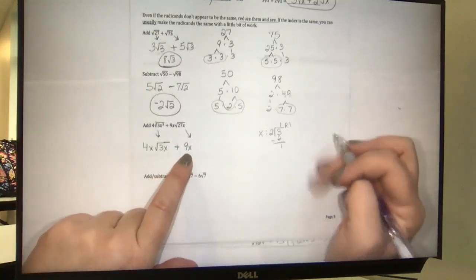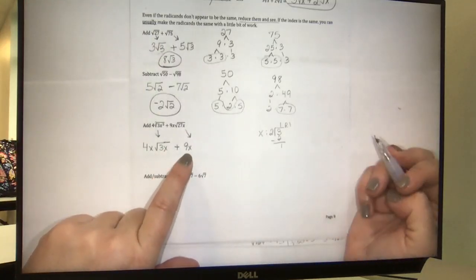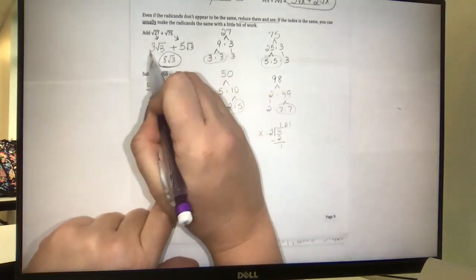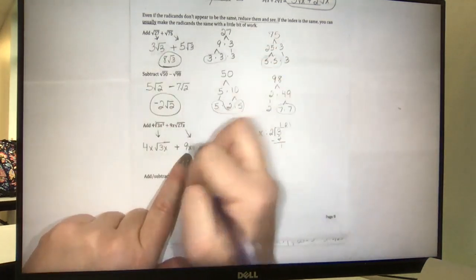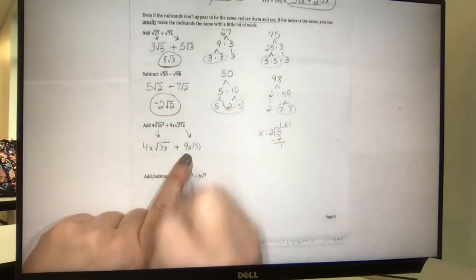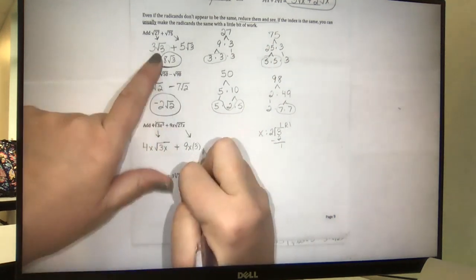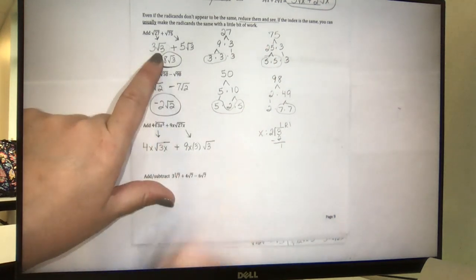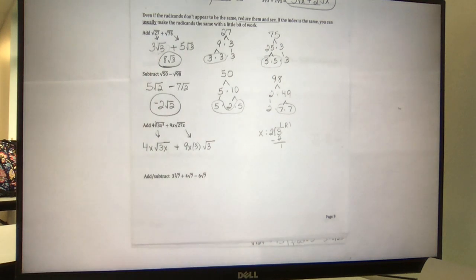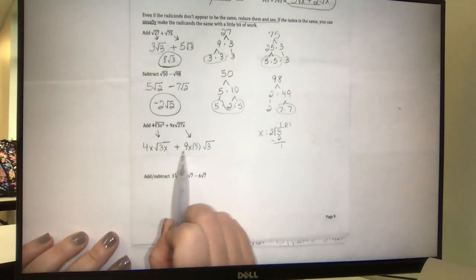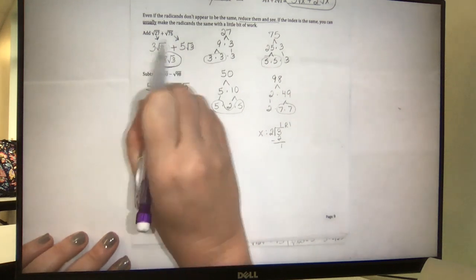That's going to get a little complicated. Notice there's a 3 outside. I'm going to put a 3 there in parentheses, and put this 3 underneath. Is that okay with everybody? Because I'm going to end up multiplying these together and getting 9 times 3.